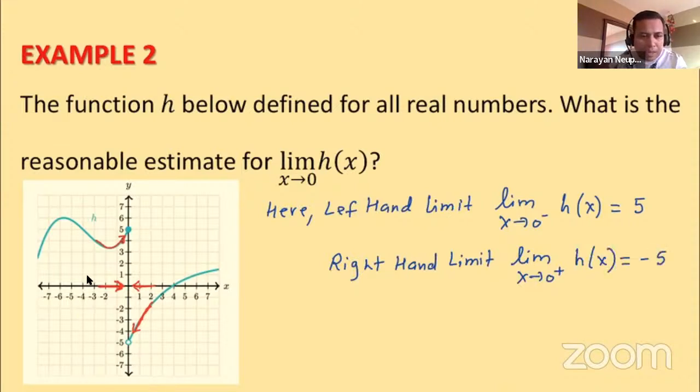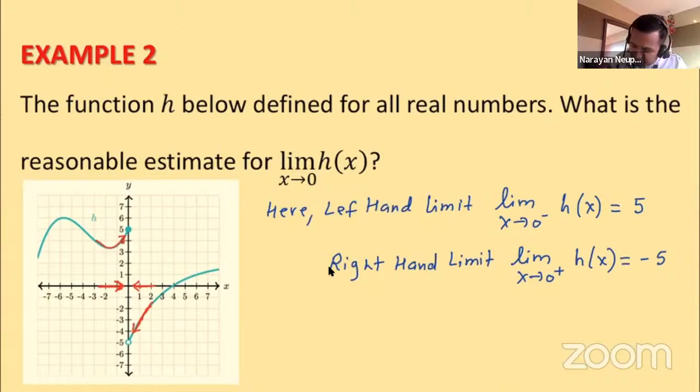So you can see the left-hand limit, when x approaches 0 from the left, the function approaches +5. And when x approaches 0 from the right, the function approaches -5. So the left-hand limit and right-hand limit are not equal. The meaning of that is this limit does not exist.